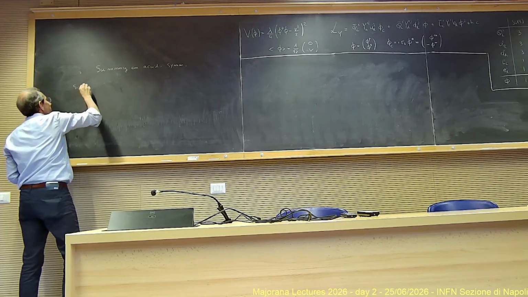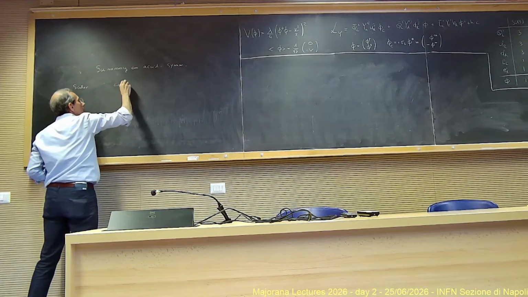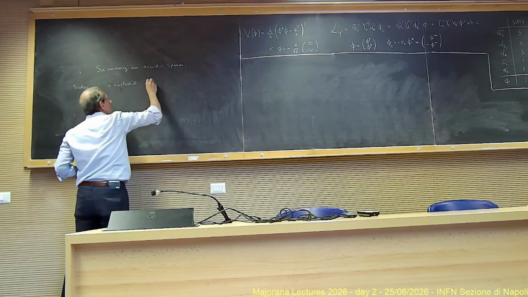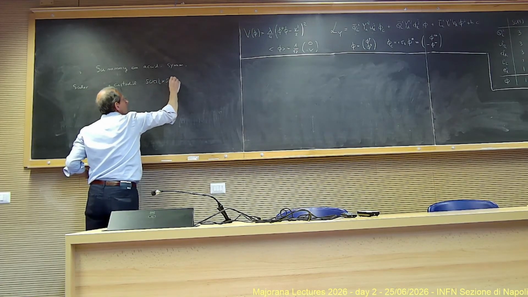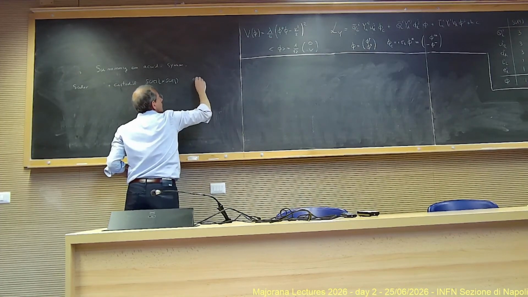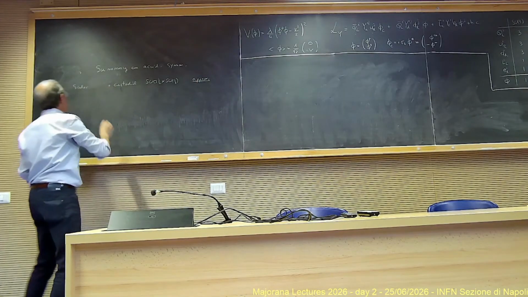In the scalar sector, you have the custodial symmetry, which is approximate. Then the fermion sector.